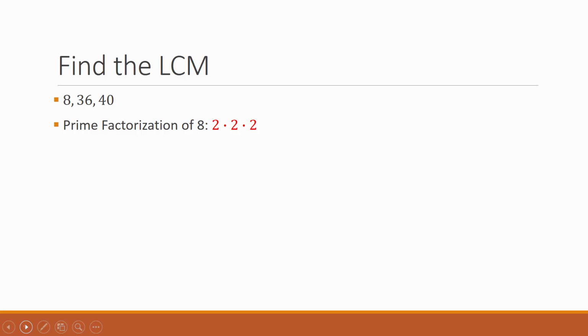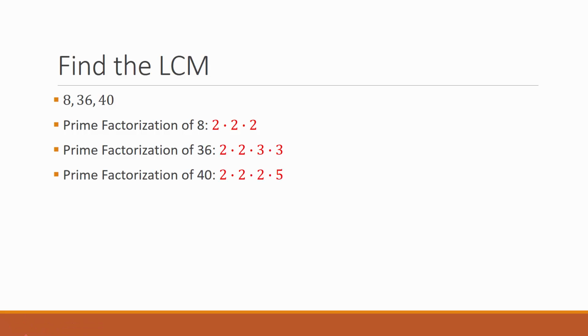The prime factorization of 36 using our factor tree or upside down division is 2 times 2 times 3 times 3. And the prime factorization of 40 is 2 times 2 times 2 times 5.